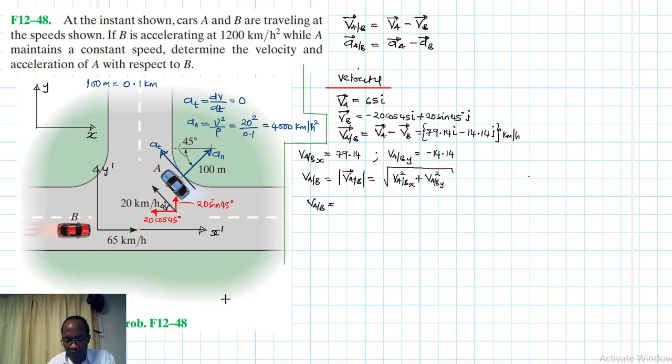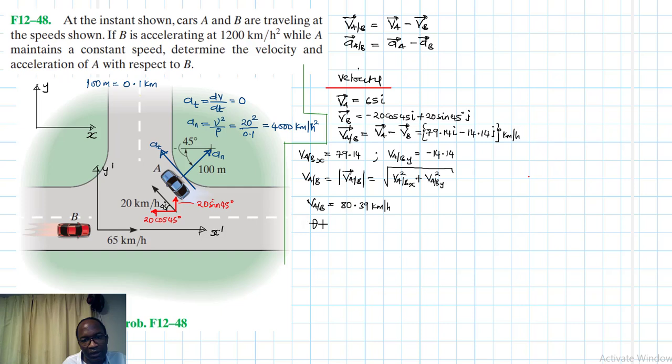Okay, 79.14 squared plus 14.14 squared. Square root of that, we get 80.39 kilometers per hour.